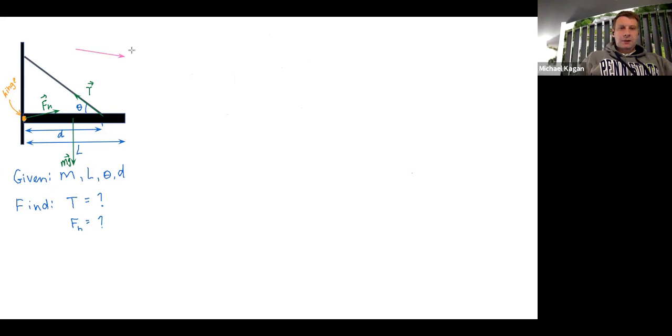Okay, guys, I'll just do the standard X and Y axis. And then what do we have on the x-axis? Let's label the angle of the hinge force as alpha, and that's unknown.